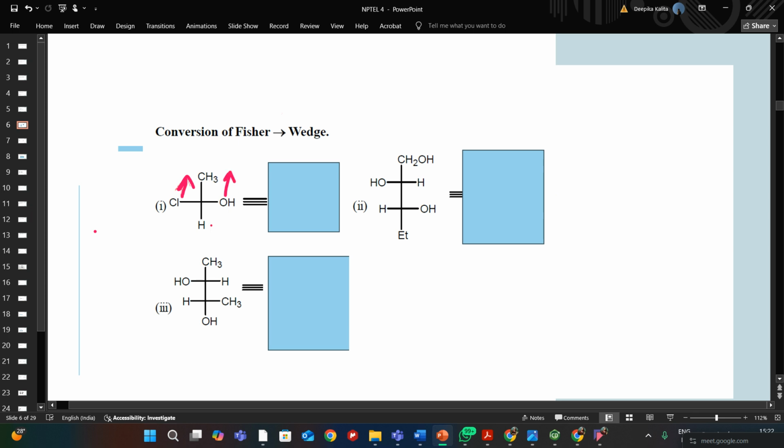Okay, so if we lift this molecule in this way, you can imagine it as the vertical substituents will remain on the plane, whereas the horizontal substituents will move away and below.